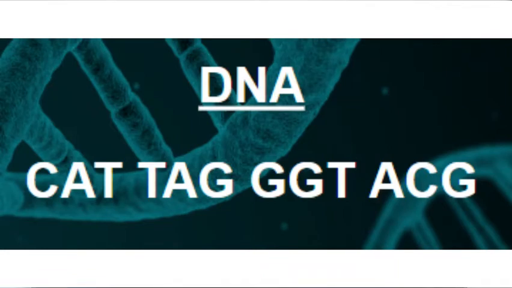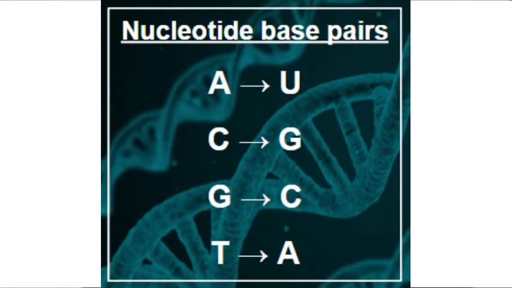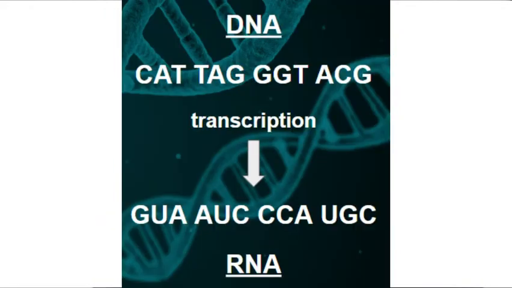So if we look at this strand of DNA here, CAT, TAG, GGT, and ACG, this is a strand of DNA. If we wanted to find the RNA strand made from this DNA, then we're going to use the code that I just talked about. So let's look at those first three letters, C, A, T. We start with the C. We know that C turns into G. Then we know that the A turns into the U, and the T turns into the A. So CAT will become GUA.